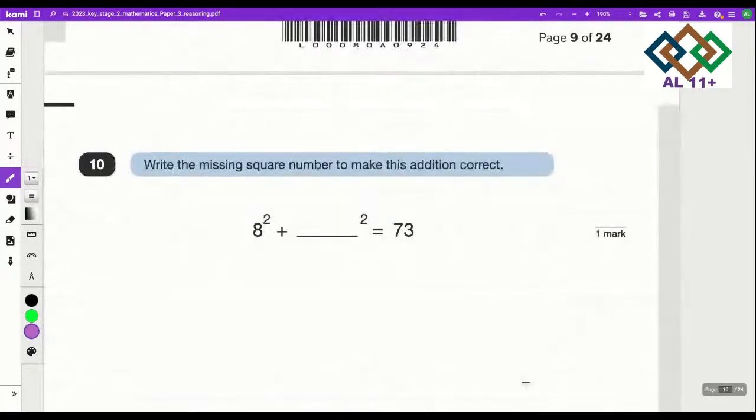In number 10, they are telling you to write down the missing square numbers to make the addition correct. So your addition is 73. So 8 square is basically 8 multiplied by 8. So what other square would you have to add to get 73?